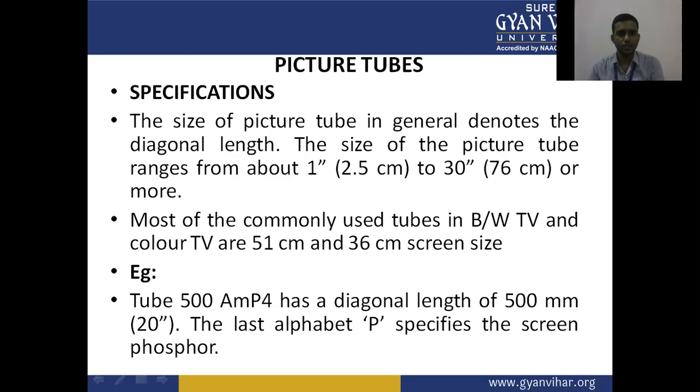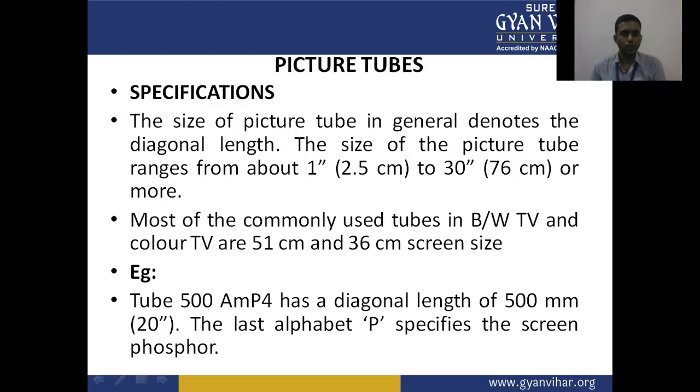Now the specifications: the size of the picture tube is generally denoted by the diagonal length. The size of the picture tube ranges from about 1 inch to 30 inches or more. Most commonly used tubes in black and white TV and color TV are 51 centimeter and 36 centimeter screen size.